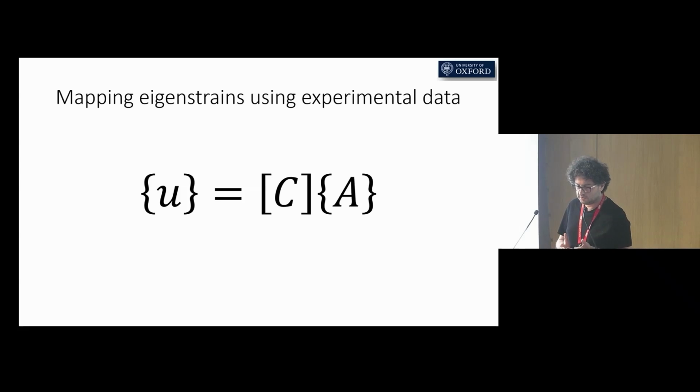How do we do this? We use independent solutions of basis functions that are stored in the C matrix. And here we have the U vector that stores experimental data that will be used for mapping eigenstrains.